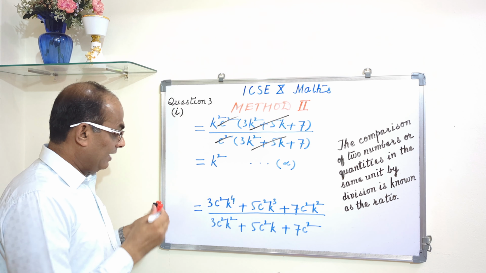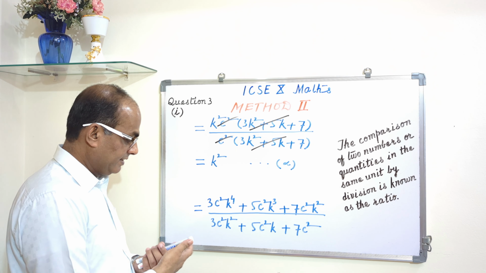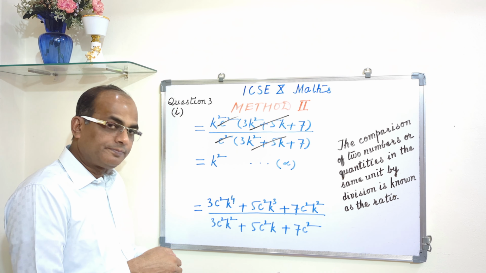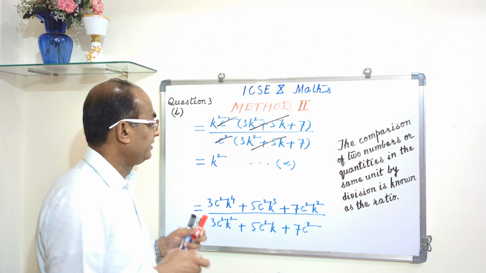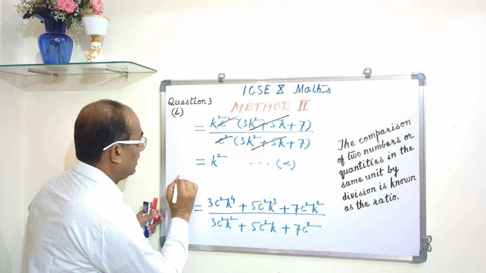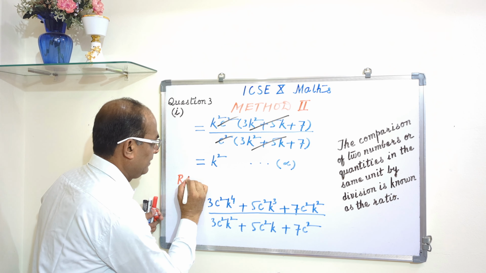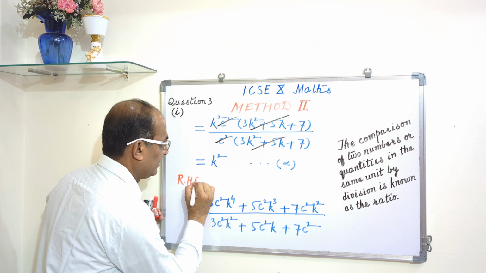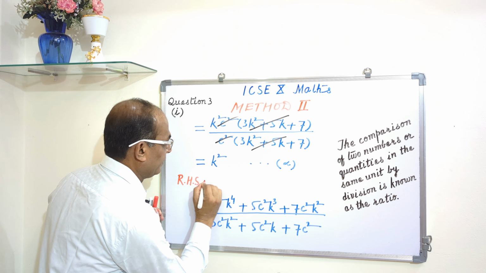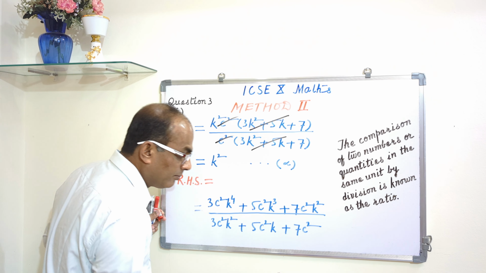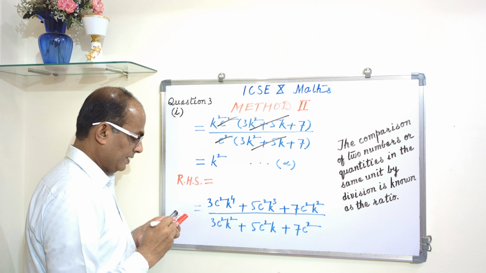Alright, now RHS. RHS is equal to a upon c.